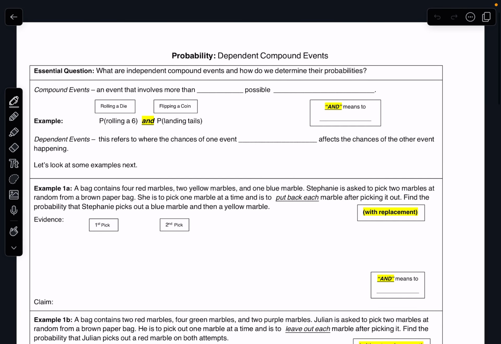Okay, so today we're gonna do probability of dependent compound events. So going over what we did yesterday, a compound event is an event that involves more than one possible outcome.